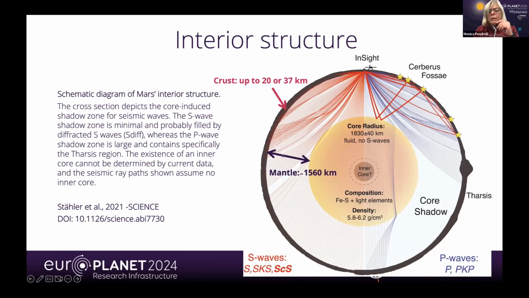The mantle is about 1,560 kilometers. But what's probably more important is the core, because the presence of an inner core was suspected, but no evidence has been found so far.